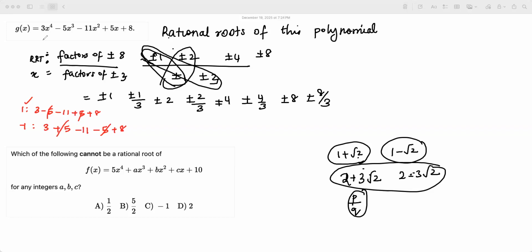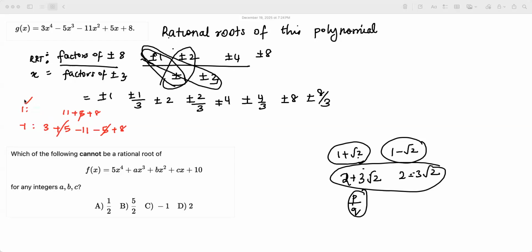If you put minus 1, what's happening? It's equal to 0. Yeah, that is also equal to 0. So, that's nice.